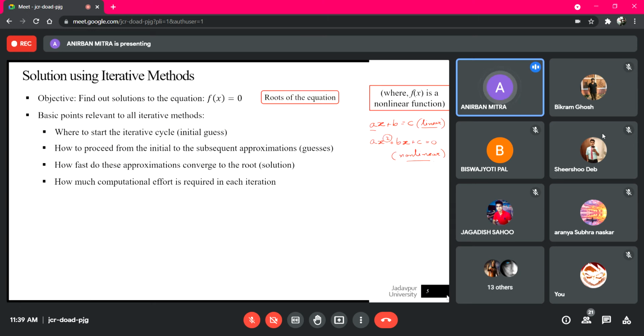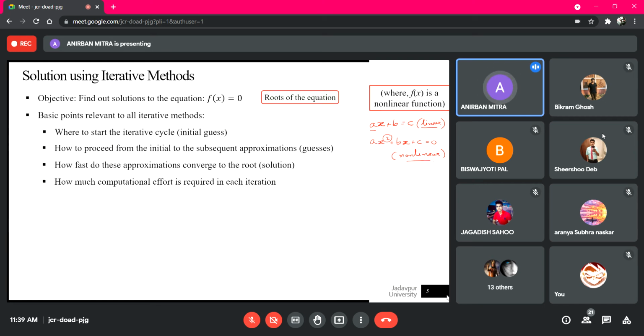Then also we need to consider how much computational effort is required in each iteration. Now, the computational effort can be measured in terms of function evaluations. f(x) is a function, nonlinear function in this case. So, in the course of the calculations, even in the computer, there has to be function evaluations. Put the value of x in the function, evaluate its value, get its value.